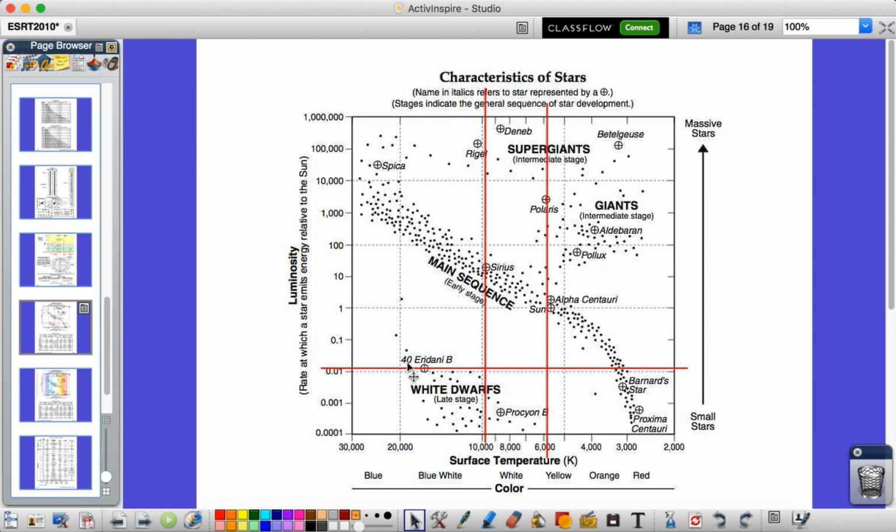But it's so much hotter than the sun. Look at that. It's literally almost 3 times hotter than the sun. But yet, it's like 1/100th the sun's luminosity. How can it be 3 times hotter than the sun and yet be only a fraction of the sun's luminosity? Think about that for a minute.